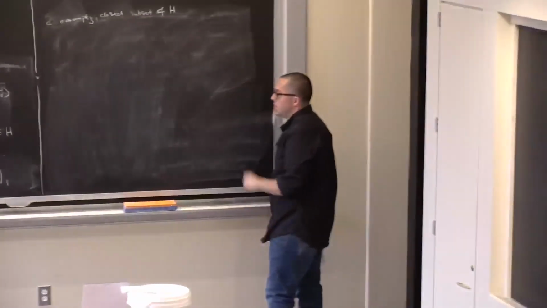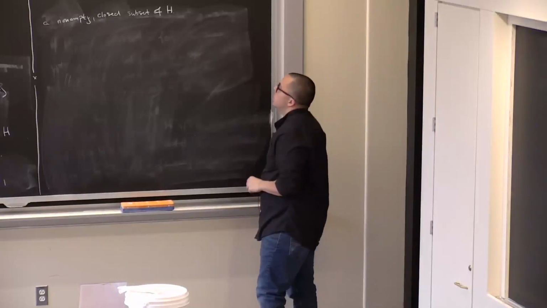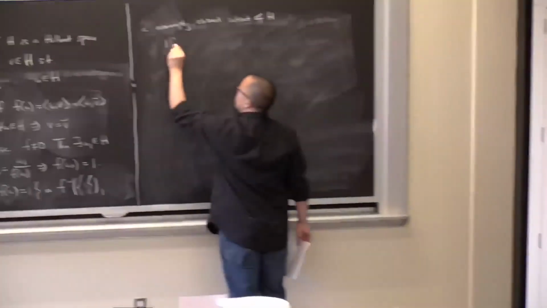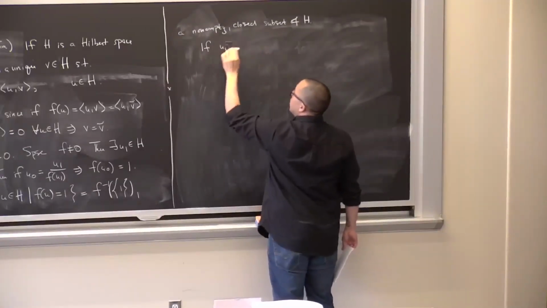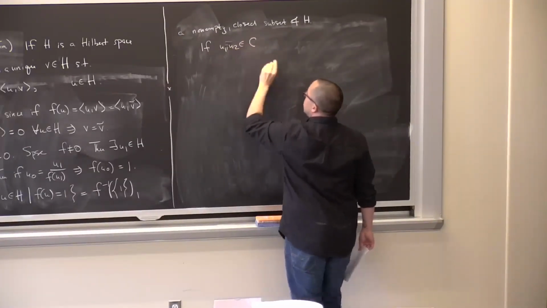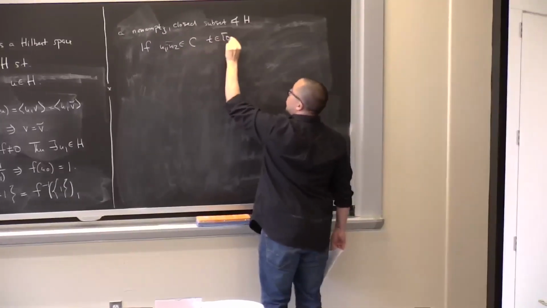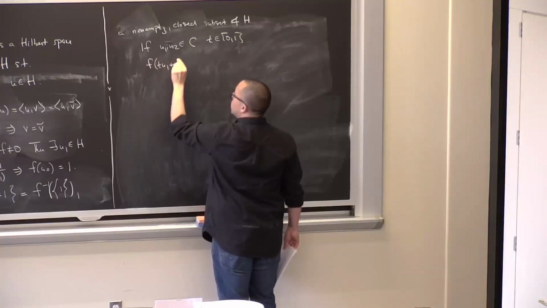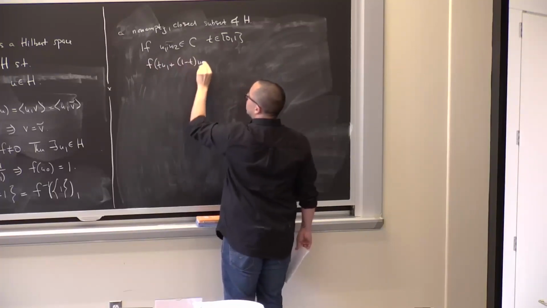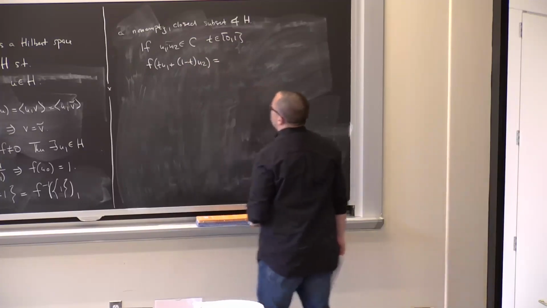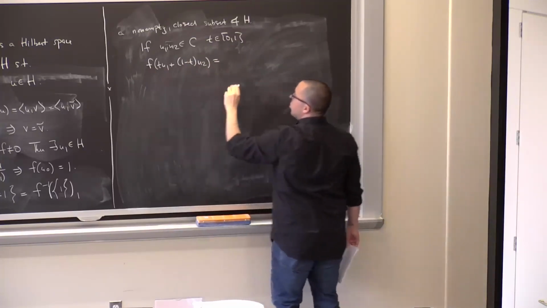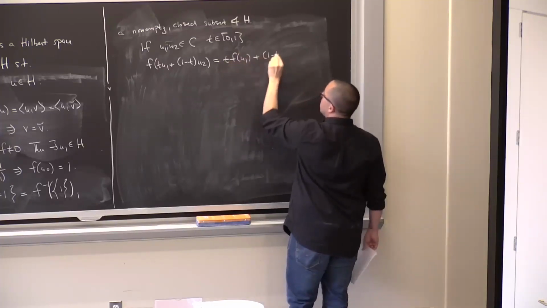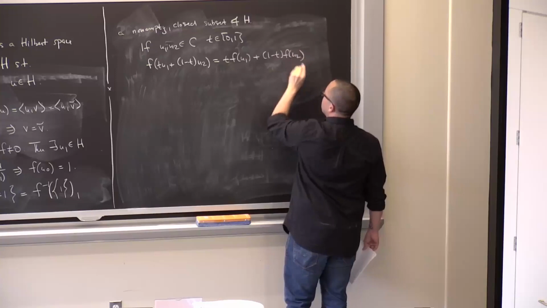Now let's check that C is convex. That writing is a bit skew. Now if u1, u2 are in C, t is in [0, 1], then f of t times u1 plus (1 minus t) u2, now f is linear, so this is equal to t times f of u1 plus (1 minus t) f of u2.